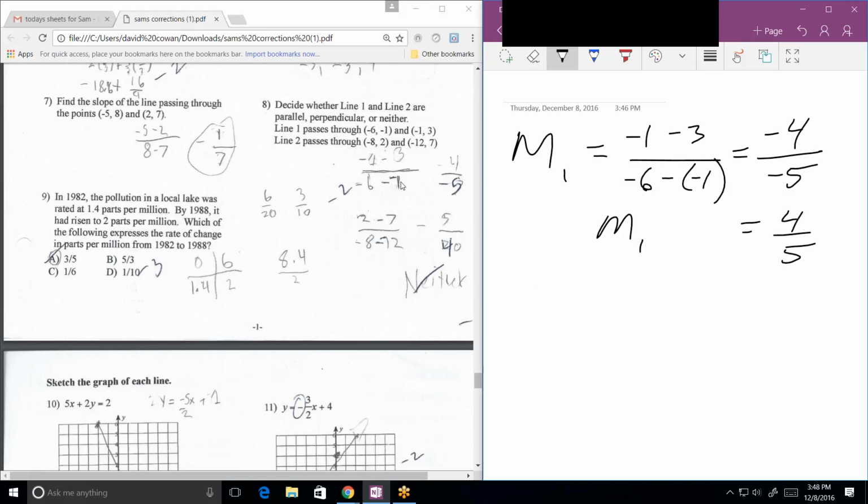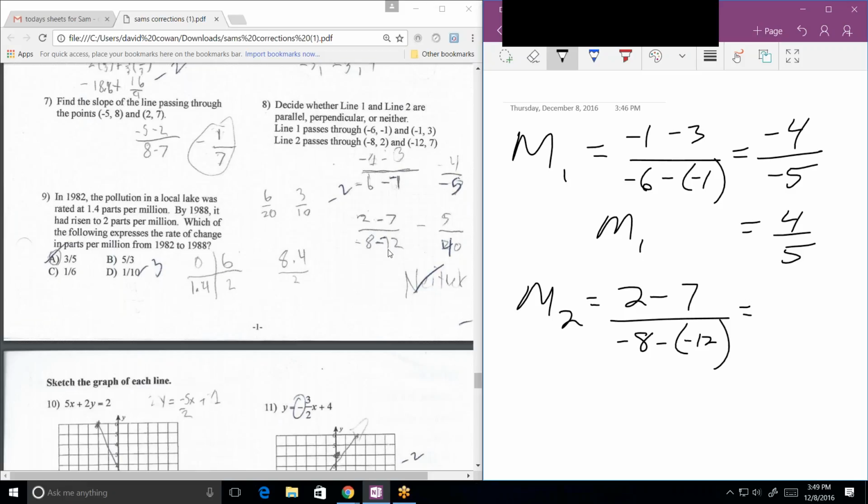What's the slope of line 2? Let's see, I'll do it the same way. You got 2 minus 7 over -8 minus a minus 12. Again, it looks like you dropped a negative sign. One of the biggest hazards in doing algebra is dropping negative signs.